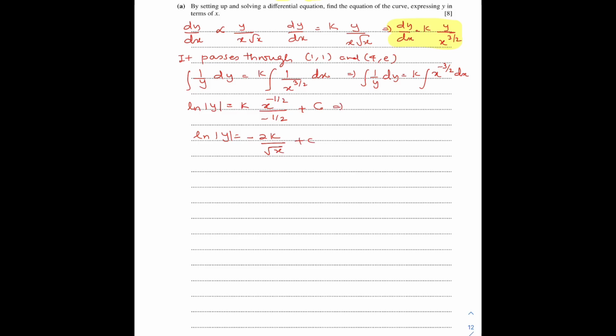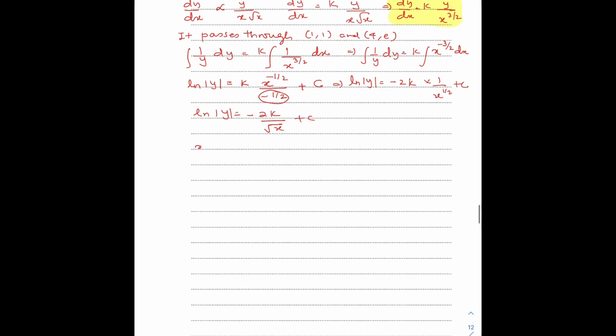So ln y is negative 2k x to the power negative half, which is 1 over x to the power half, which is 1 over root x. That becomes ln y equals negative 2k times 1 over x to the power half, plus c.